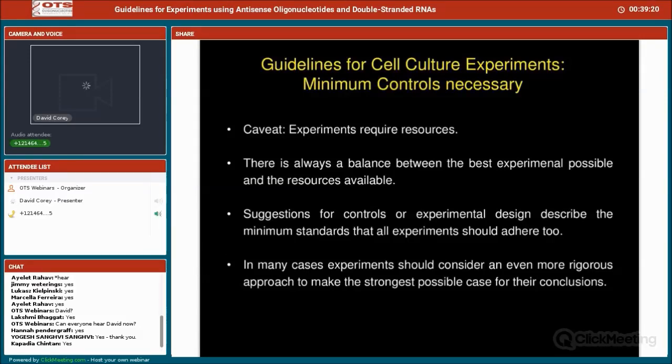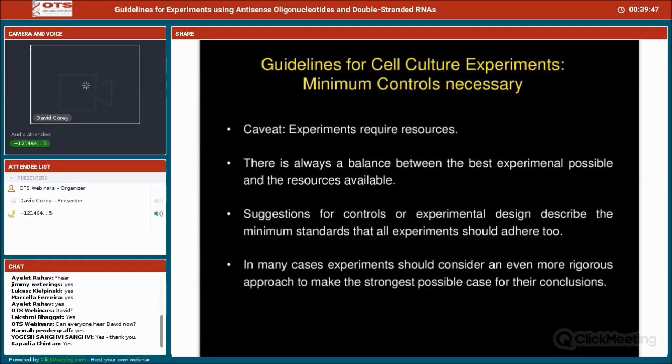But because I'm suggesting minimum experiments, that doesn't mean that they're the ones that an experimenter should necessarily do if they have more resources. Because in most cases, experimenters should try to do the most rigorous job possible and make the strongest possible case for their conclusions in order to satisfy or convince reviewers.